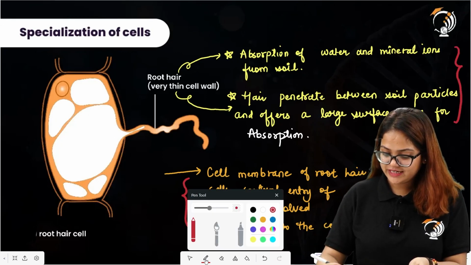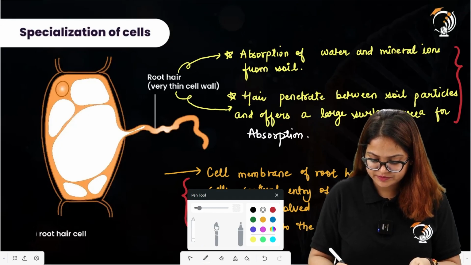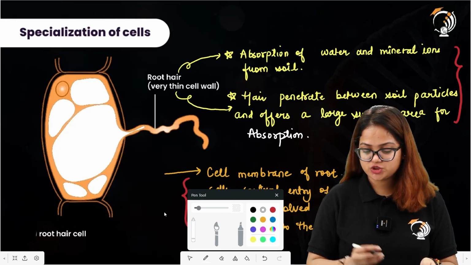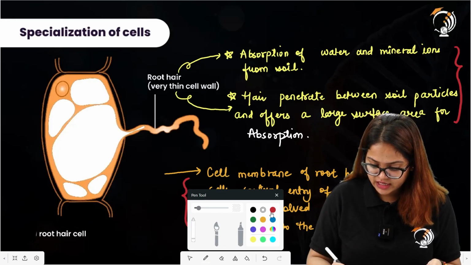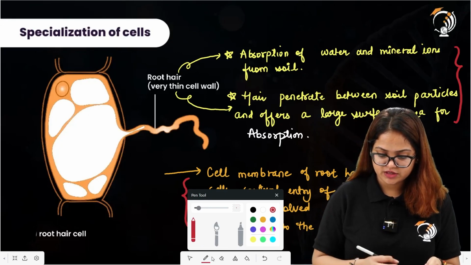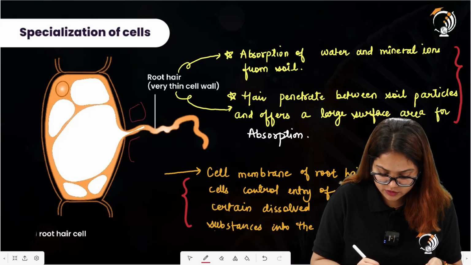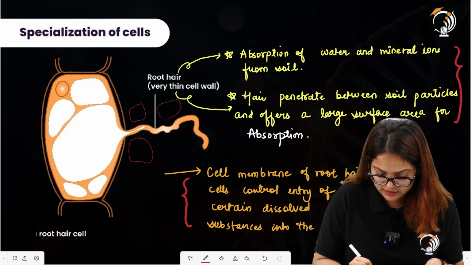All right, so let us understand the structure over here. We have the structure here, the hair penetrate between the soil particles. So let us imagine that these structures, the root hair, are surrounded by the soil particles.